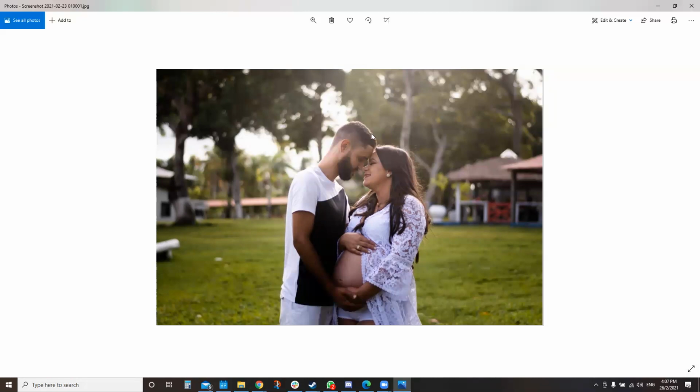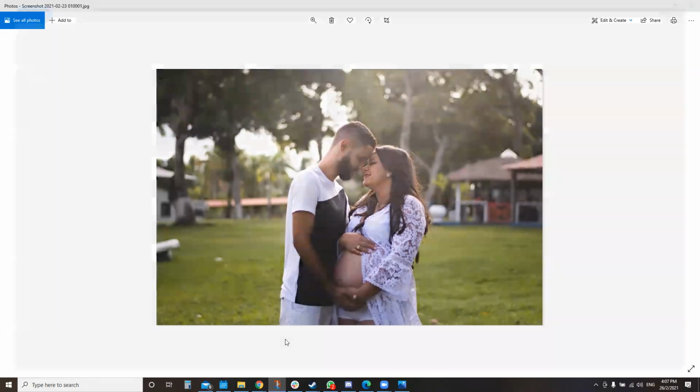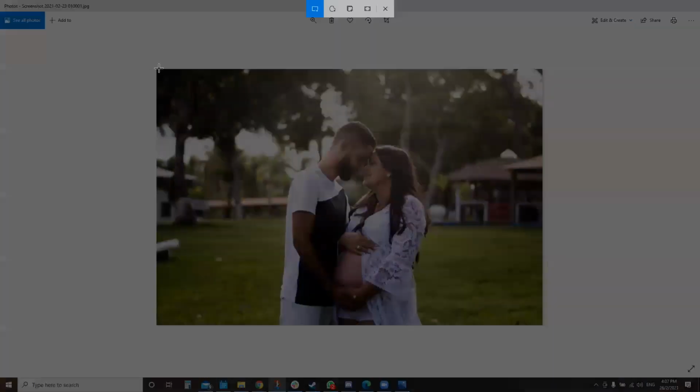The picture is actually of a husband and wife, or whatever. They are taking a picture in what looks like a resort. Sorry, maybe let me take a screenshot because we want to edit.